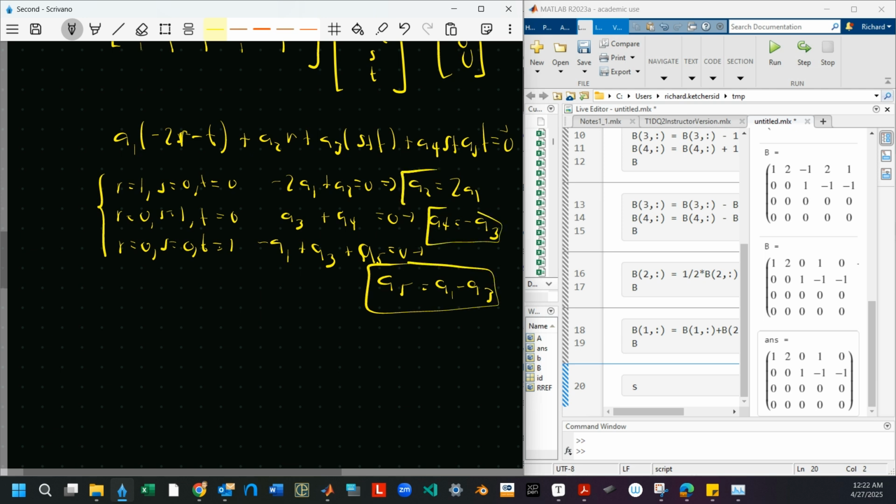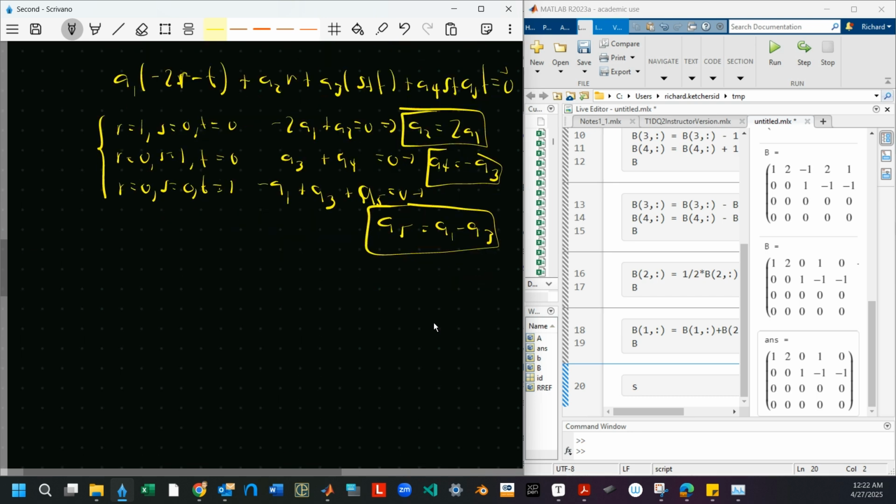Okay, and then what I want to do is look and see what it's saying over here. So if I look at my reduced echelon form over here, I can kind of see these things here. So this 2 says that this A2 is going to be 2A1. I'm telling you that's what it says. I'm going to write this out in the matrix form in a minute, but that's what this is saying here.